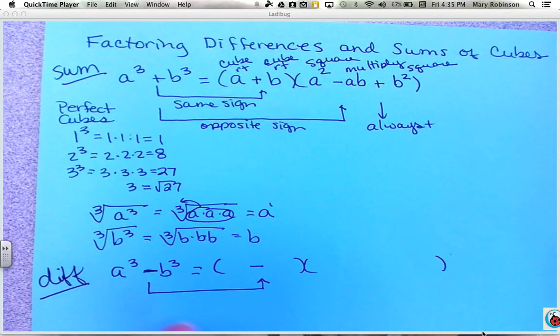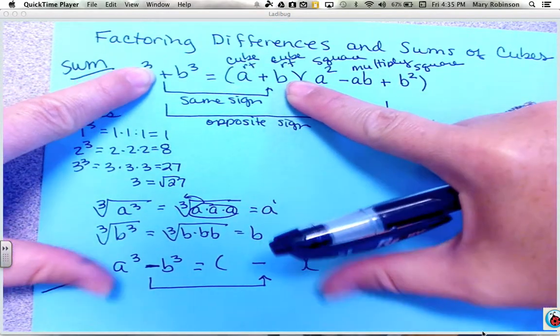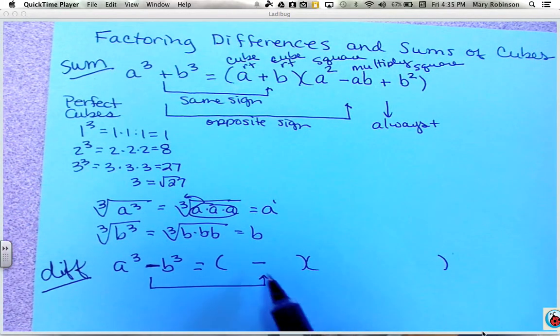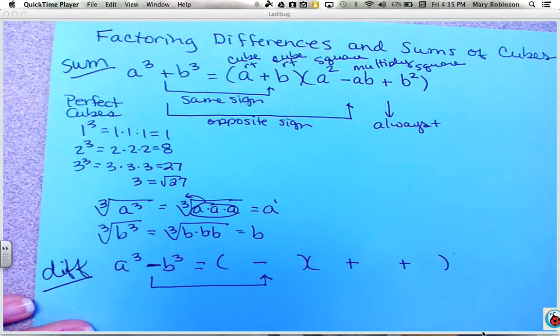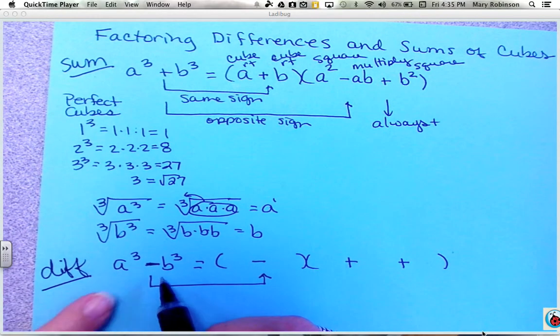So since this is always the same, just like for a sum, our binomial factor always has the same sign, notice that, then we've already used up our minus. So by default, the other two have to be plus signs, okay? The pattern is exactly the same as before.